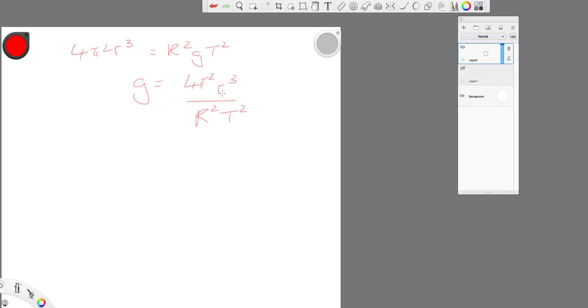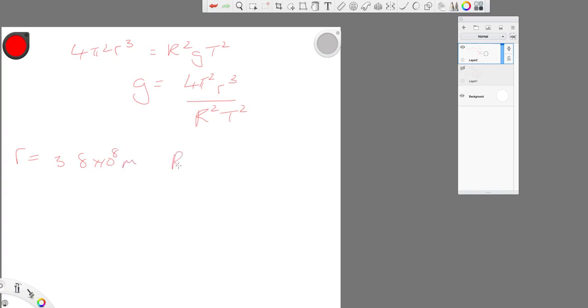Now, we know this, and we know this, and we know this, and these are things which we can then use to check the value of g based on Newton's ideas. So we have the radius of the orbit of the moon, 3.8 times 10 to the 8 meters, quarter of a million miles.